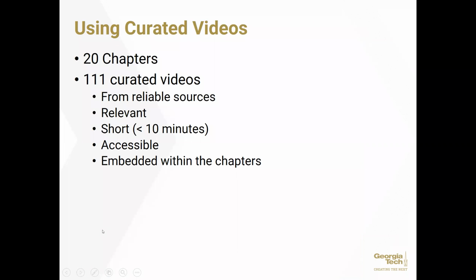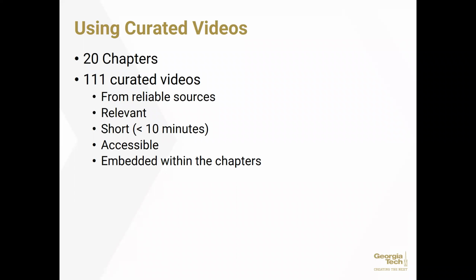However, we do use a lot of videos. There are a total of 20 chapters in the book, and we use a total of 111 videos. We make sure that the videos are from reliable sources and they are relevant to the course topic.